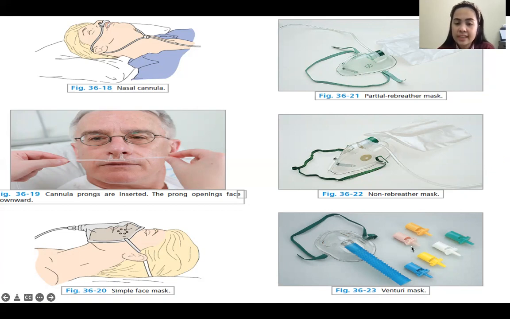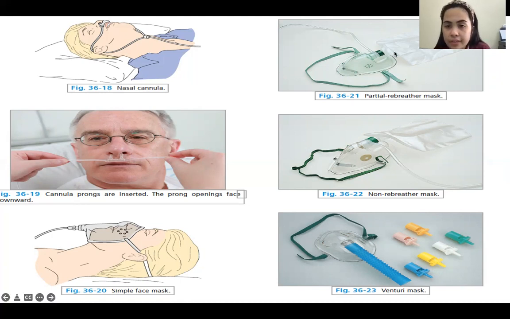That's why if you put that on, there is an accurate amount of oxygen being supplied to the patient. For a certain color-coded connector, you are able to give an accurate amount of oxygen. So that's why the Venturi Mask is the most accurate.